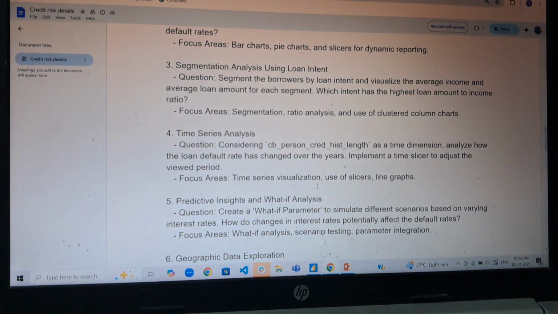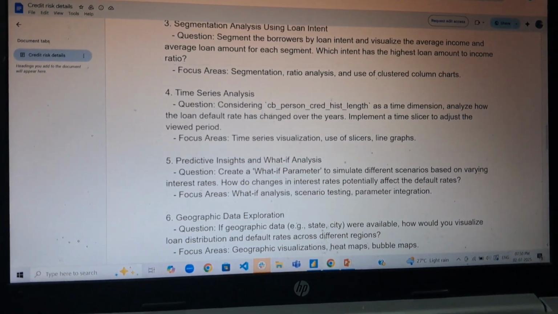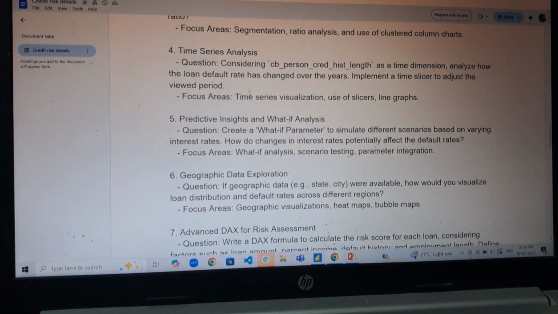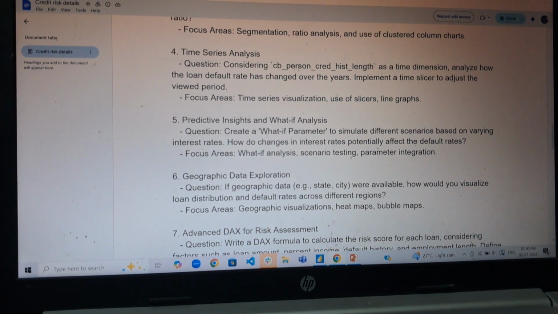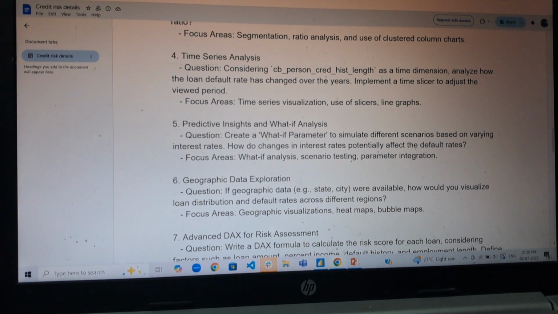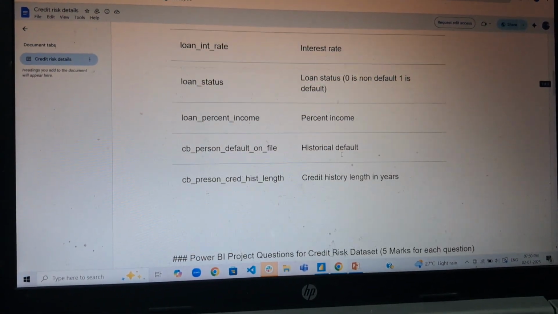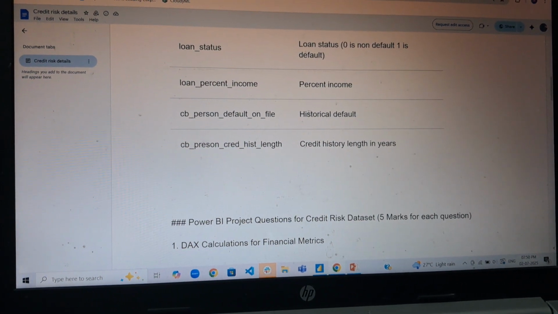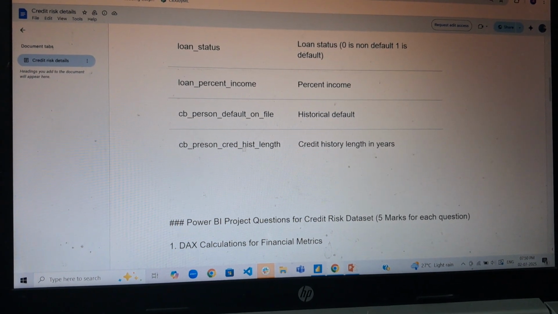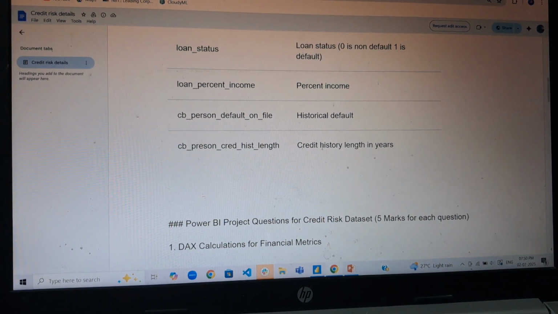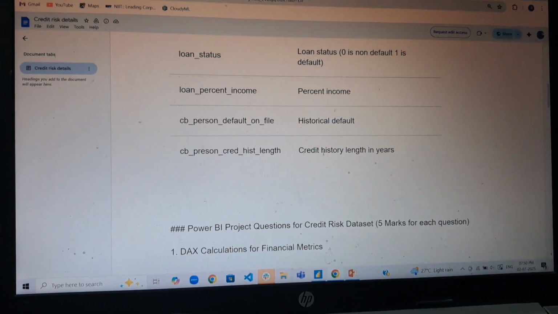Coming to time series analysis, here we are considering the person credit history length, that is a historical default column, and the person credit history length, which indicates the credit history length in years.